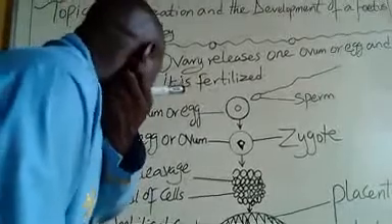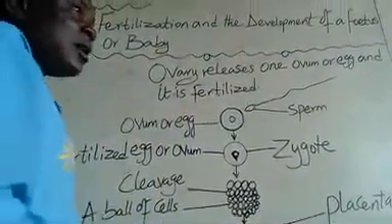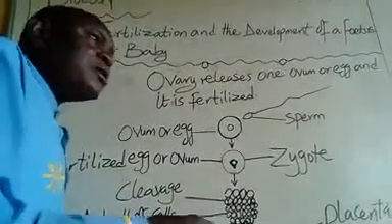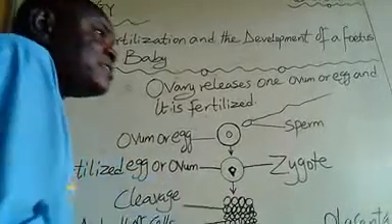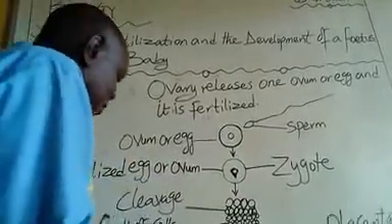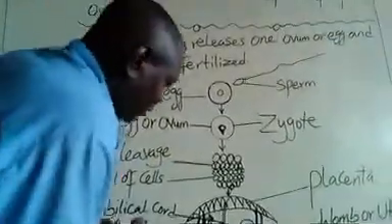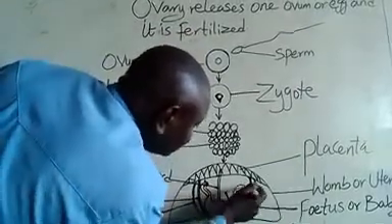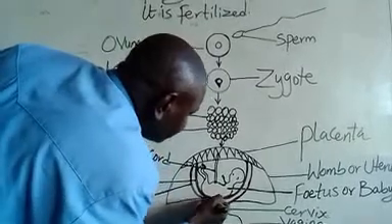Amnion produces what we call amniotic sac, which contains amniotic fluid that protects the baby while in the womb or uterus.